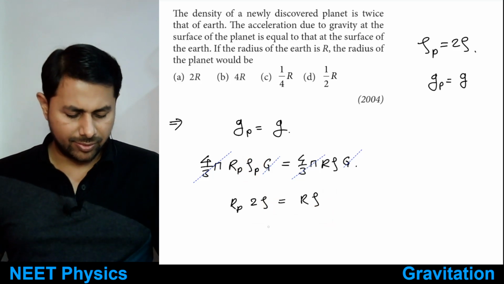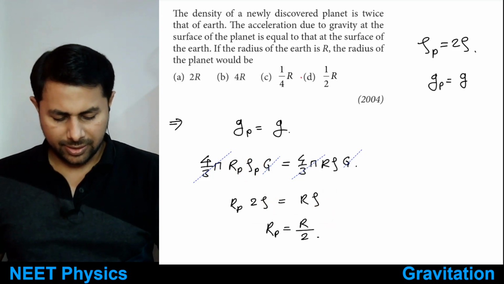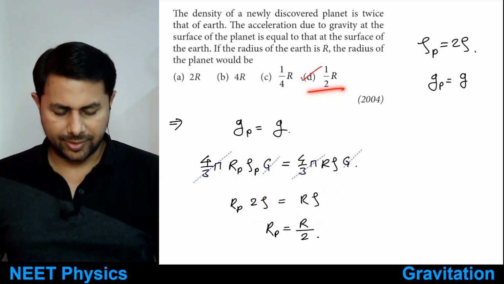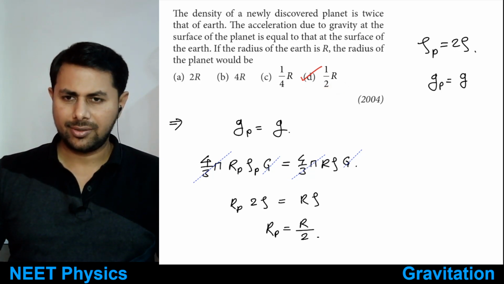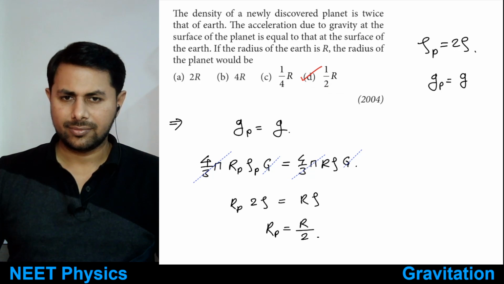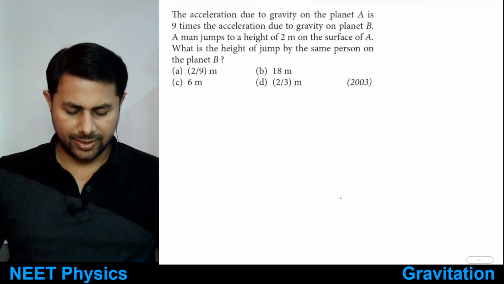The radius of planet is radius of Earth divided by 2. So it is option D. That's correct. A similar question, very simple. Let's see the next one.